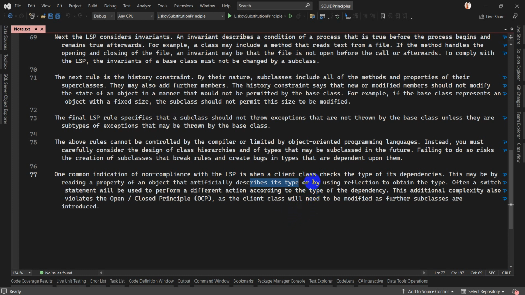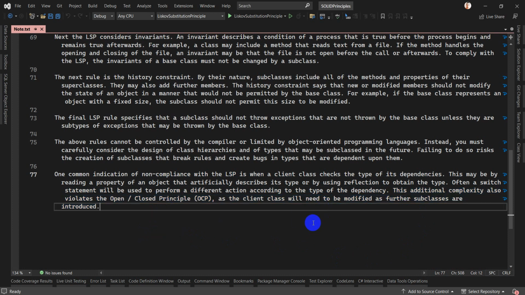Or if you are a more advanced programmer, you will probably use reflection to obtain that type. And then based on that type, you do different things, often with a switch statement, right, to perform a different action according to the type of the dependency. This additional complexity also violates the OCP because, as I told you, whenever you add a new type, you need to go and add new branches to that switch statement or conditional.